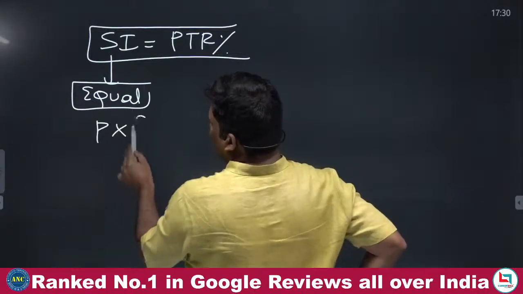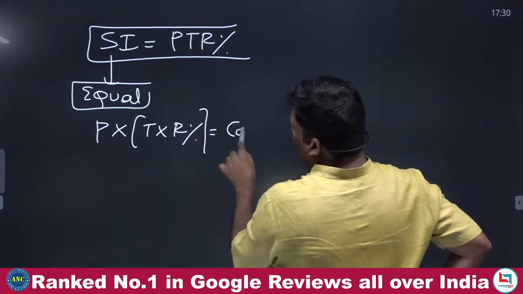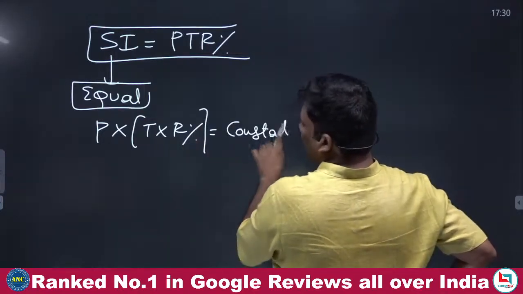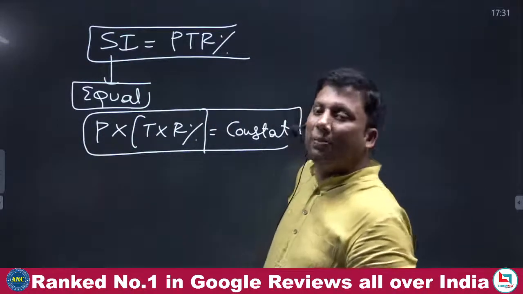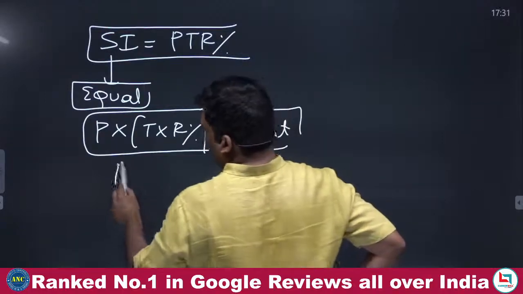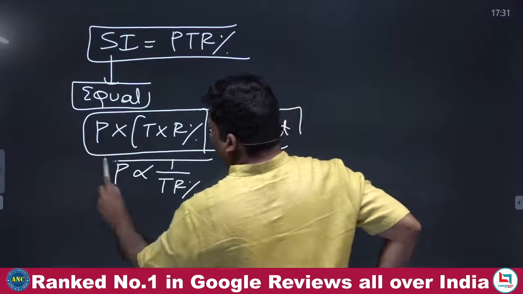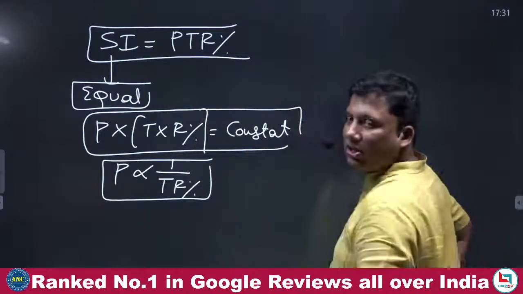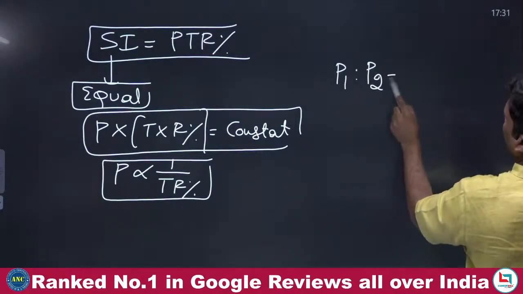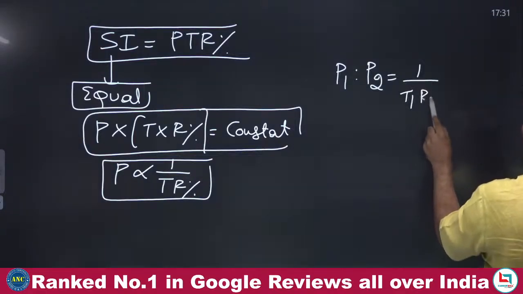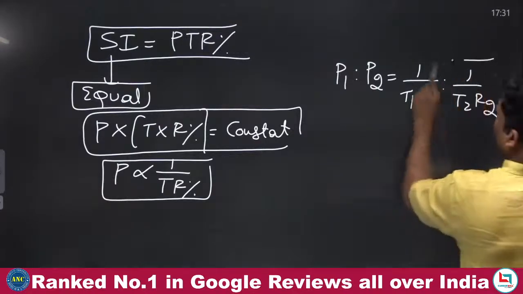That means principal into T into R percentage is constant. Are you all with me? A into B is equivalent to constant. A and B are inversely proportional. That means P is inversely proportional to T into R percentage. That means P1 is to P2 is equivalent to 1 by T1 R1 is to 1 by T2 R2. I hope this concept is clear.